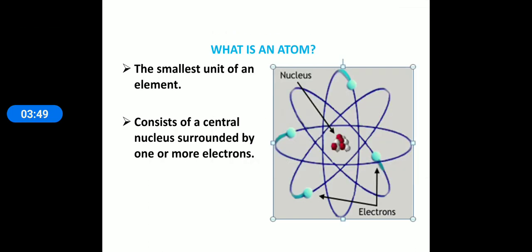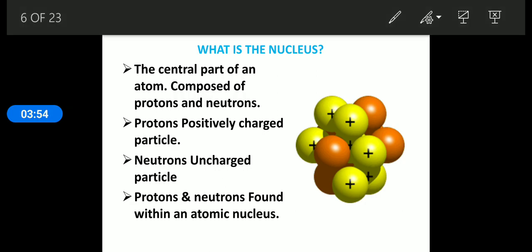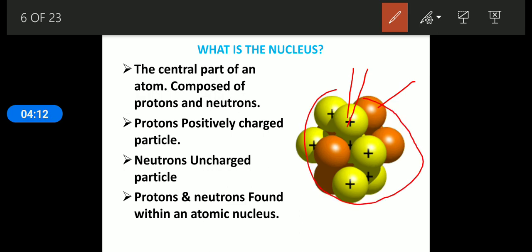Then next, what is the nucleus? The nucleus consists of proton, which has positive charge, and neutron, which is neutral. Proton and neutron are found within an atomic nucleus.